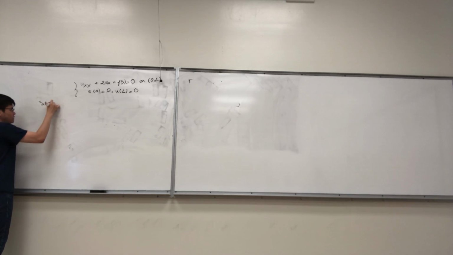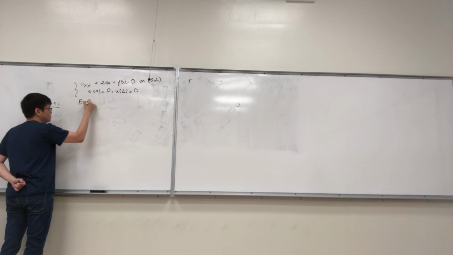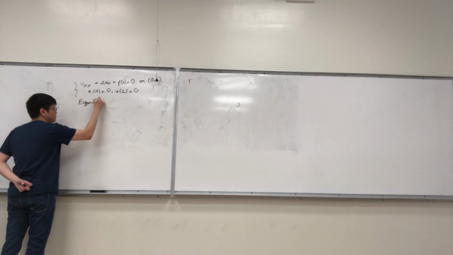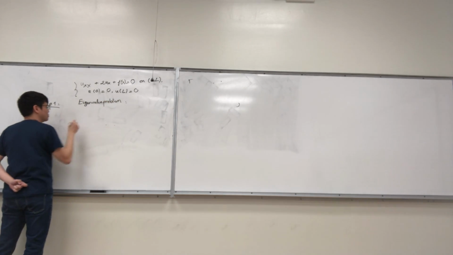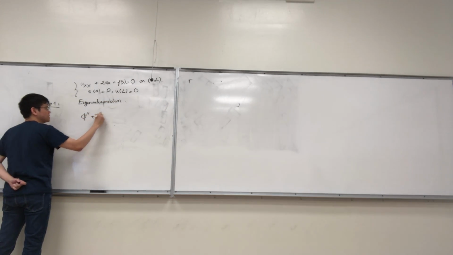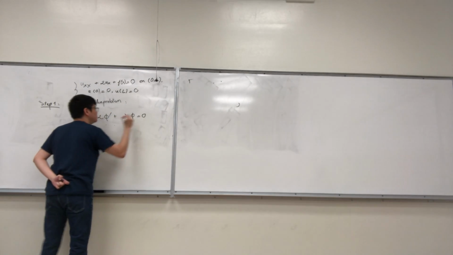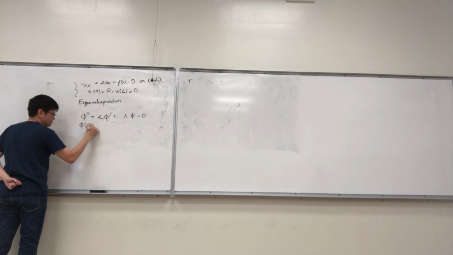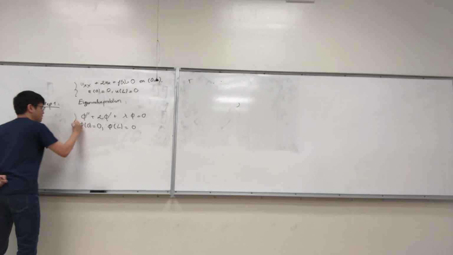Step number 1, we solve the eigenvalue problem. So you have phi'' + 2 phi' + lambda phi = 0, phi(0) = 0, phi(L) = 0.